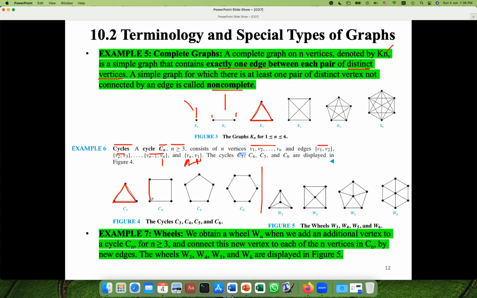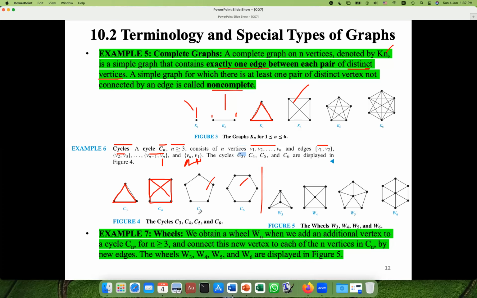For C4, V1 to V2, V2 to V3, V3 to V4, V4 to V1, cycle complete. The inner edges that were in the complete graph are not needed. It is only the cycle, the outer boundary. This is for C5 and this is for C6. You can see by yourself.